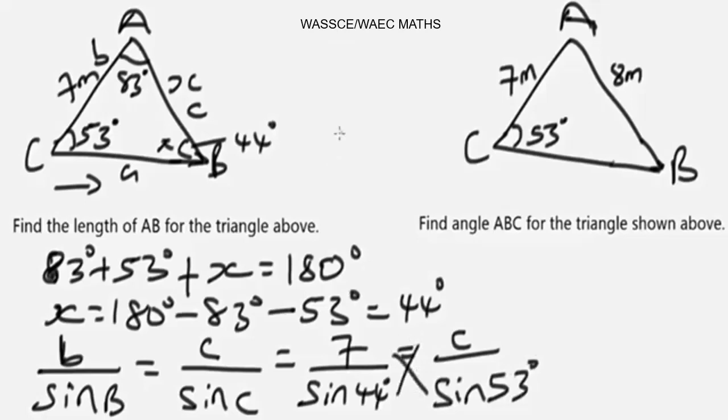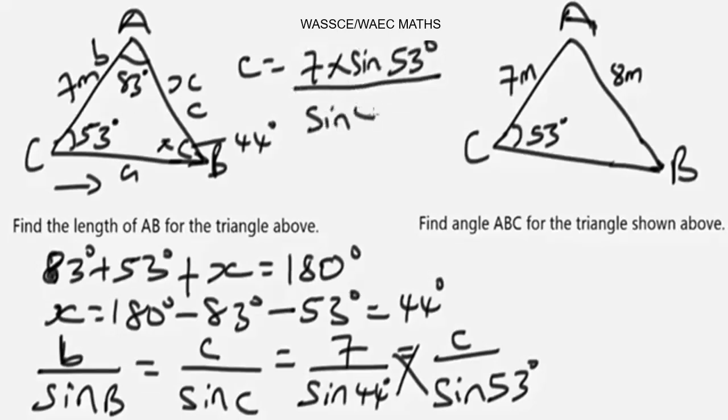When you cross multiply, you're going to have c sine 44 equal to 7 times sine 53 degrees, so c equals 7 times sine 53 degrees over sine 44 degrees. Now when you punch this on your calculator, you're going to have 8.0477. It keeps having a recurring decimal, but let's stop at this point.